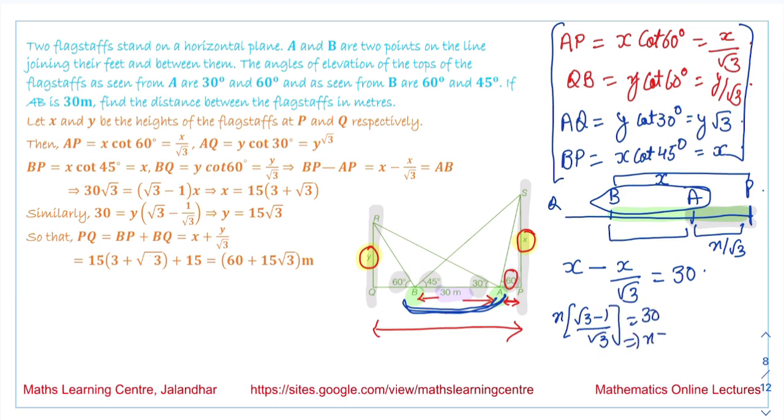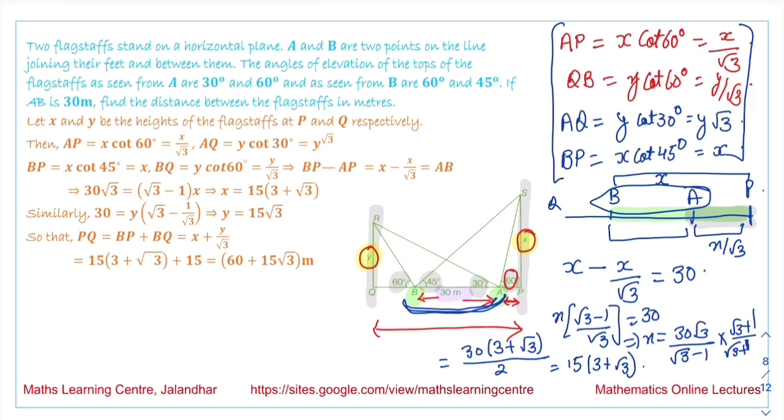So x is 30 root 3 divided by root 3 minus 1. If we multiply by root 3 plus 1 over root 3 plus 1, the answer we obtain is 30 into 3 plus root 3 divided by 3 minus 1, that is 2. So the answer comes out to be 15 times 3 plus square root of 3. This is the value of x that we have.